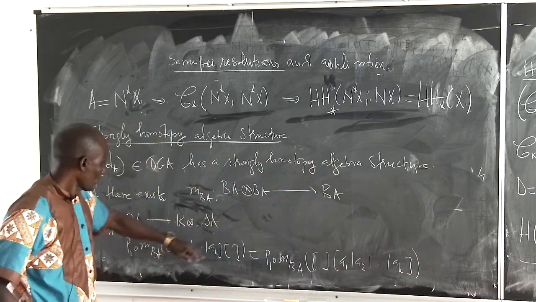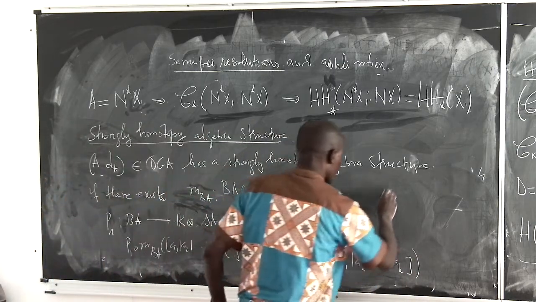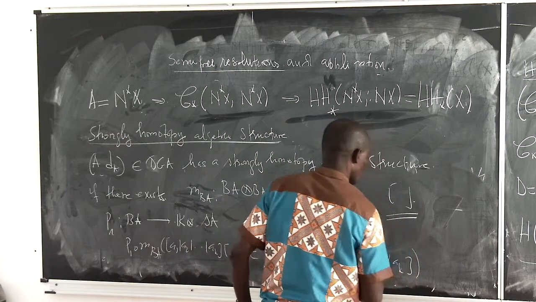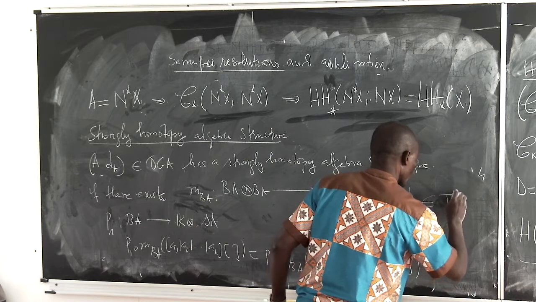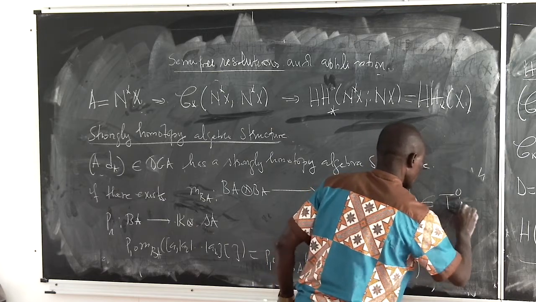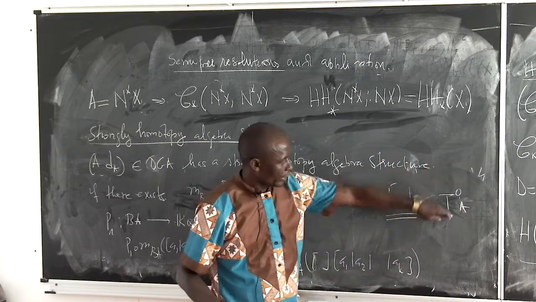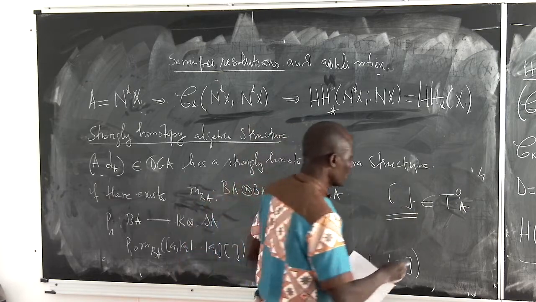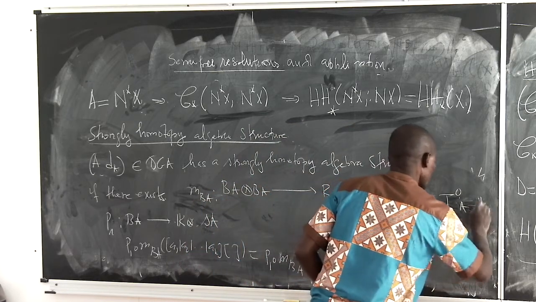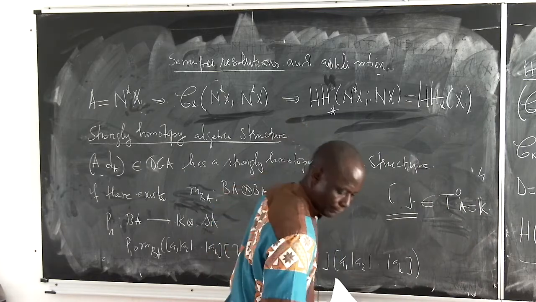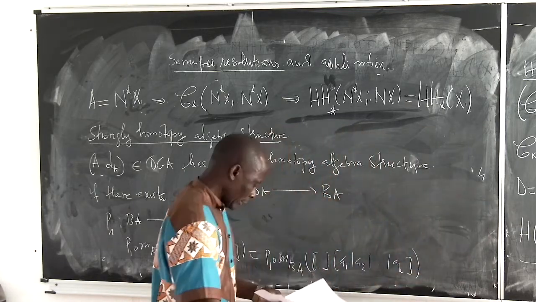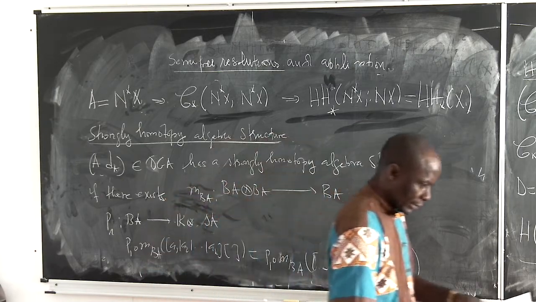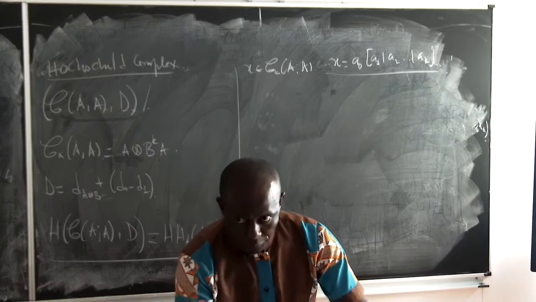Here, this term corresponds just to the case when you have the zero tensor product of A. Okay, this is the property related to that structure.